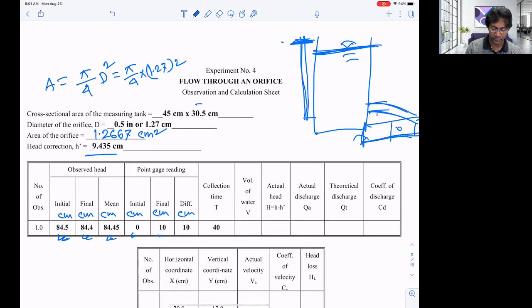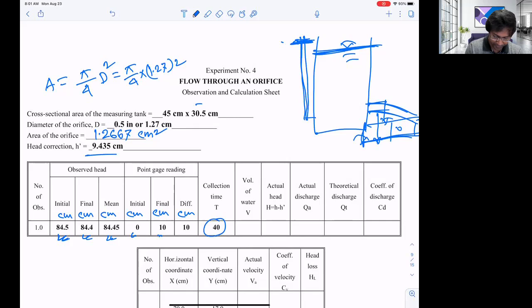The point gauge, we put a point gauge here, and then at the final stage, the point gauge is here. So for 10 centimeter of depth of water in that tank of 30.5 into 45 centimeter, we'll take the time, and the time is 40 seconds. So what will be the volume of water as before? The volume of water is nothing but 45 into 30.5 into 10, same as before.